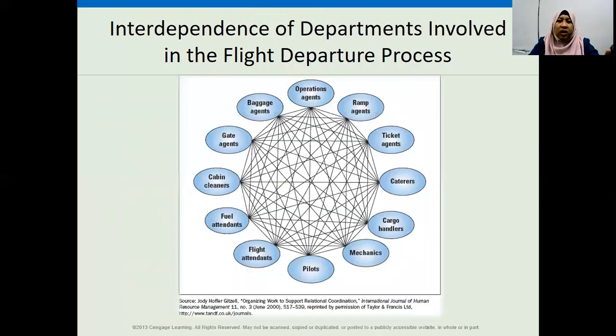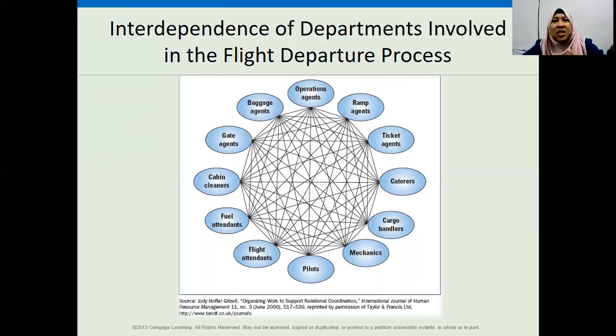So you see the interdependence of departments involved in the flight departure process. In one flight, to make sure the passengers can have their flight departure process, all these things are interrelated: baggage agent, operation agent, ramp agent, ticket agent, caterers, cargo handler, mechanics, pilot, flight attendants.